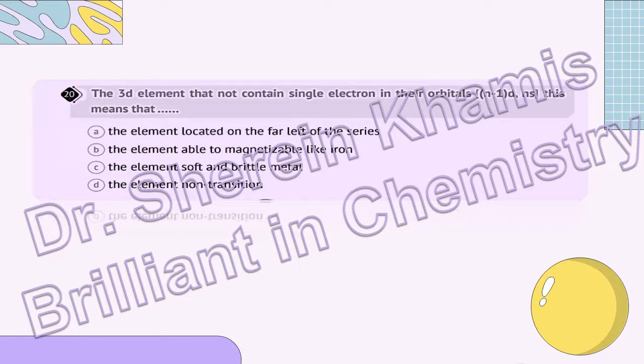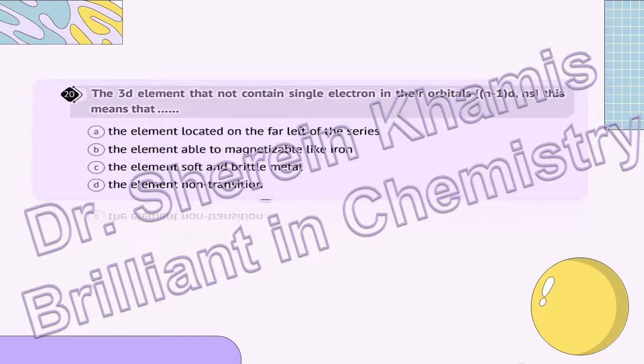Okay, the element soft and brittle metal, maybe, but one of them will be in the 3s, it will not be brittle but a soft element. Okay, but not a very bright or brittle metal. The last one here, the element non-transition.